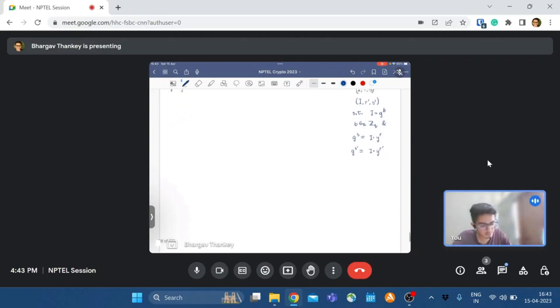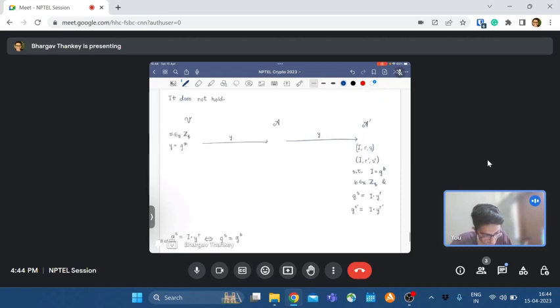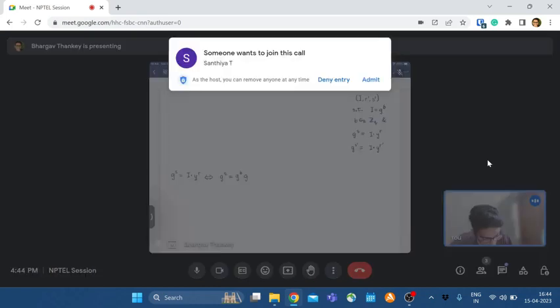Now let us see what these two give us. G to the S equals I times Y to the R. I is G to the B and Y is G to the X. So Y to the R is G to the XR.